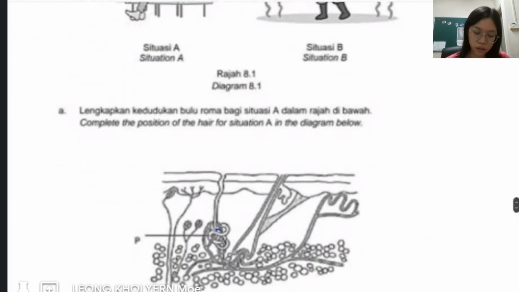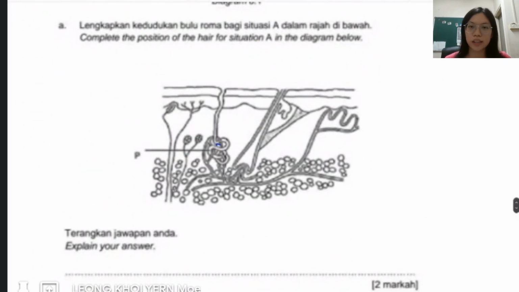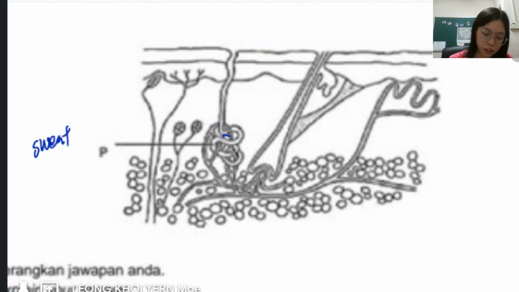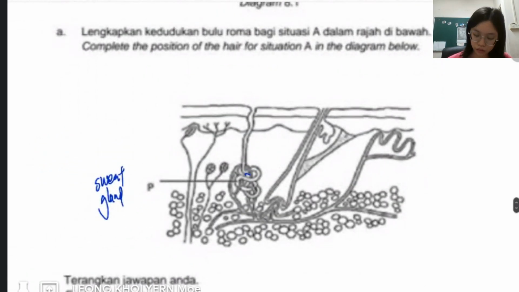They show you the skin here and there is a sweat gland. So which one is the sweat gland? The sweat gland is this, the one that is curled up into a ball. This one is the fine hair on your skin.